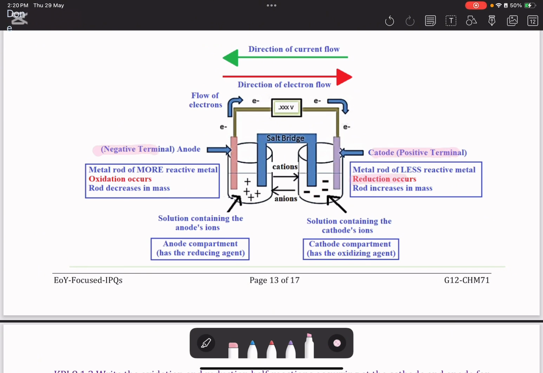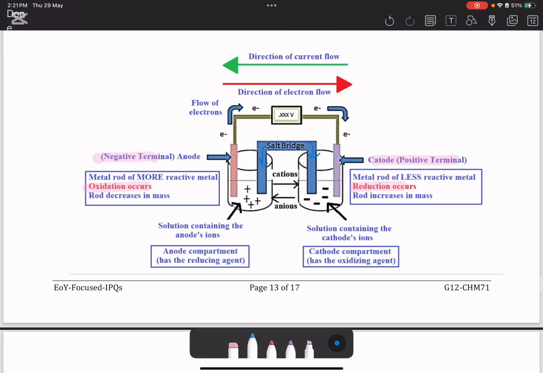Always at the cathode there's a reduction, and at the anode there's an oxidation. For more details about the galvanic cell, you can watch my YouTube video about galvanic cells in detail. So, an important thing is to know from where the electrons are flowing, and the ions in the salt bridge, from where they are flowing, to which side they are. So make sure you are familiar with this diagram.